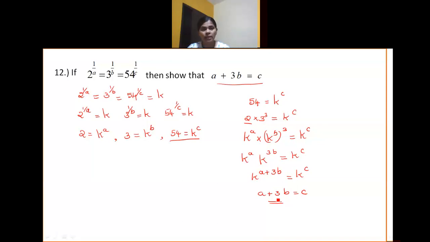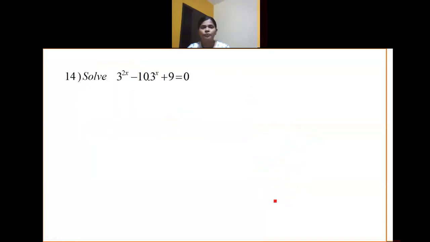Now let me look at the next problem. I have the next problem to solve. 3 to the power 2x minus 10 into 3 to the power x plus 9 is equal to 0. The meaning of solve is nothing but to find the value of x.